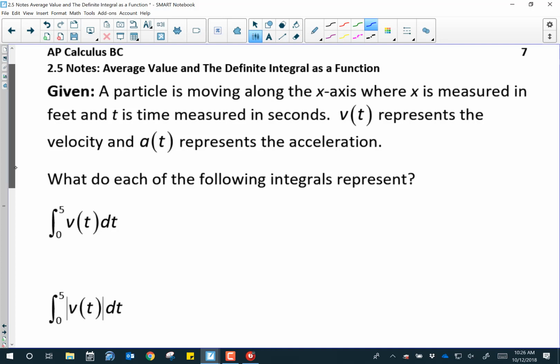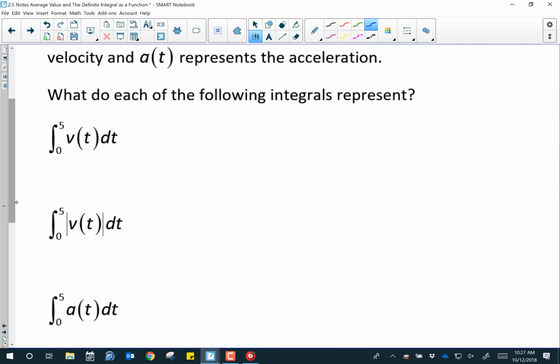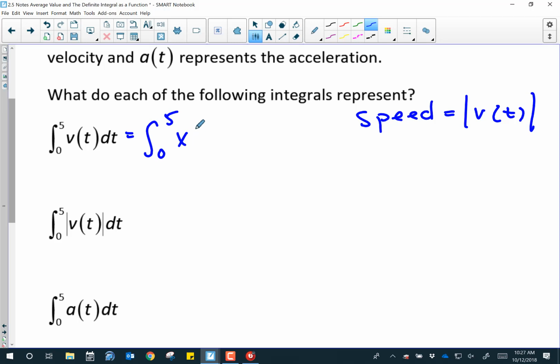So it's very, very important that you understand the difference between the integral of velocity and the integral of speed. Because what's speed represented by? The speed function is the absolute value of the velocity. Speed is just magnitude, not direction. Okay, so the integral from 0 to 5, let's break it down. Correct, it's displacement.